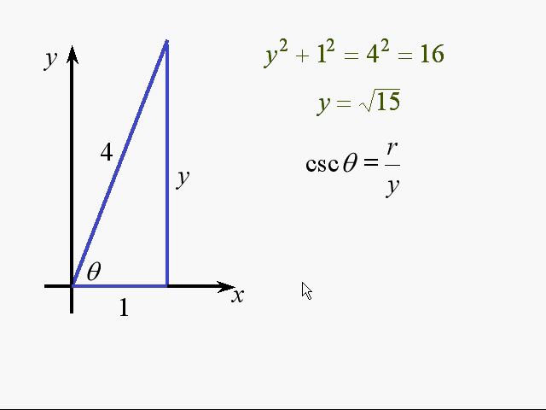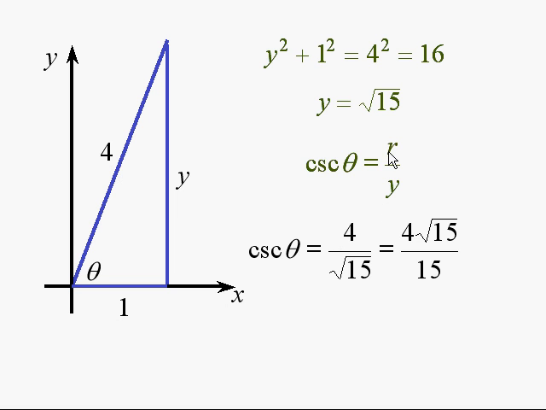So with the labeled sides 4, 1, root 15, cosecant is the reciprocal of the sine. Sine is opposite over hypotenuse, y over r. Cosecant would be the reciprocal of that, r over y.